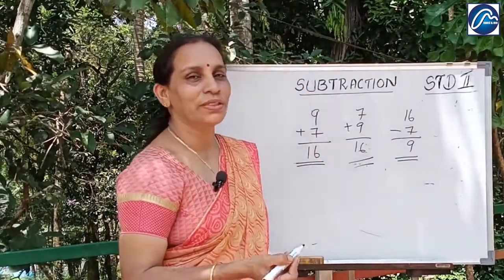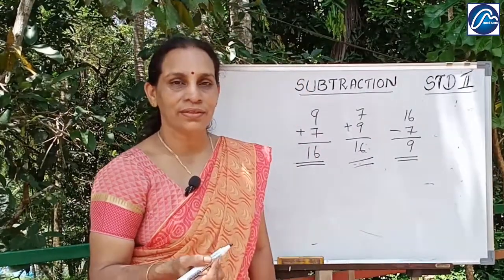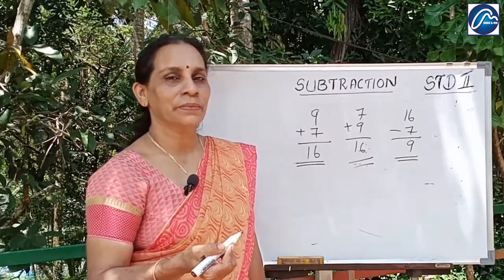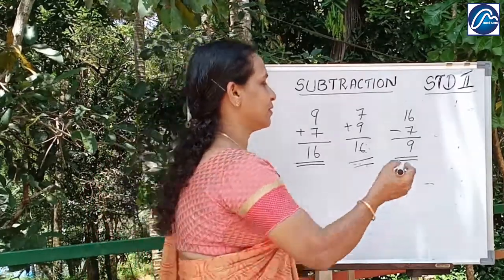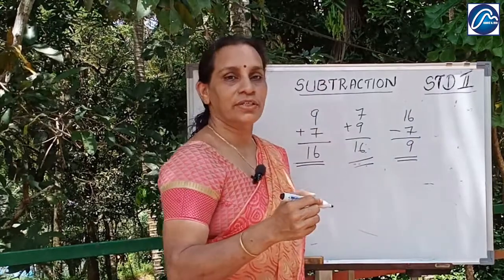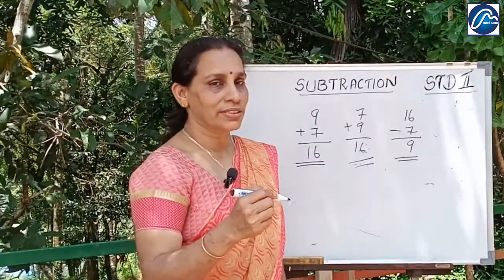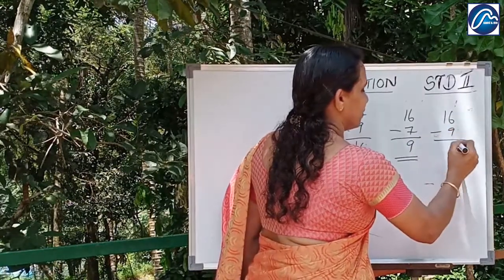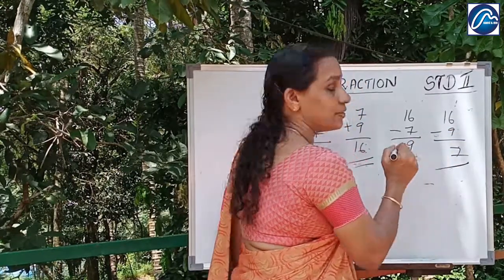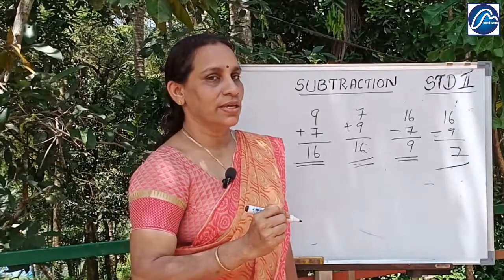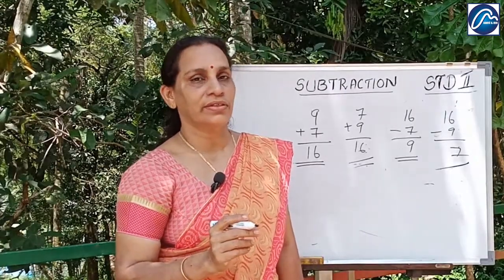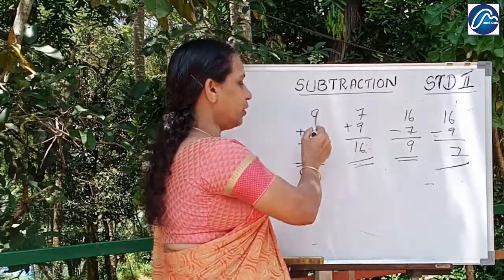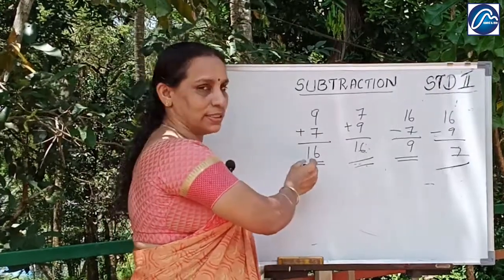And what will be 16 minus 9? It will be 6. Sorry, it will be 7. 16 minus 9 is 7. Okay. So when you are adding two numbers, you will get a result.